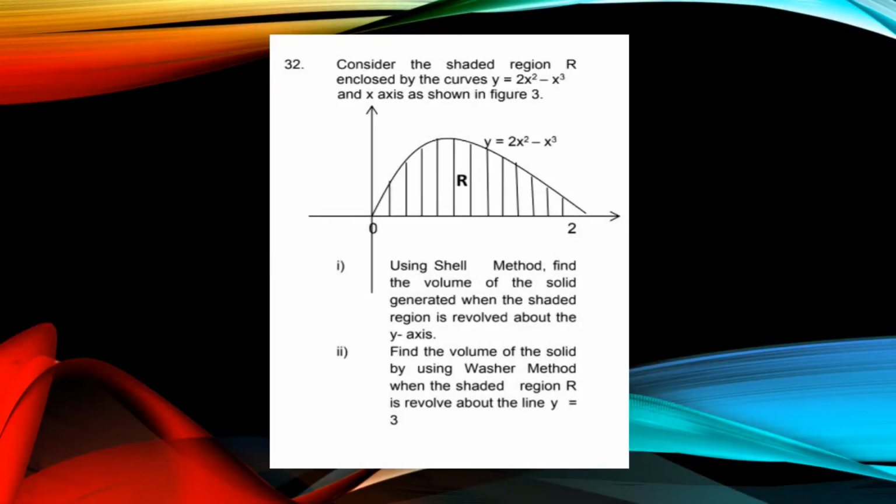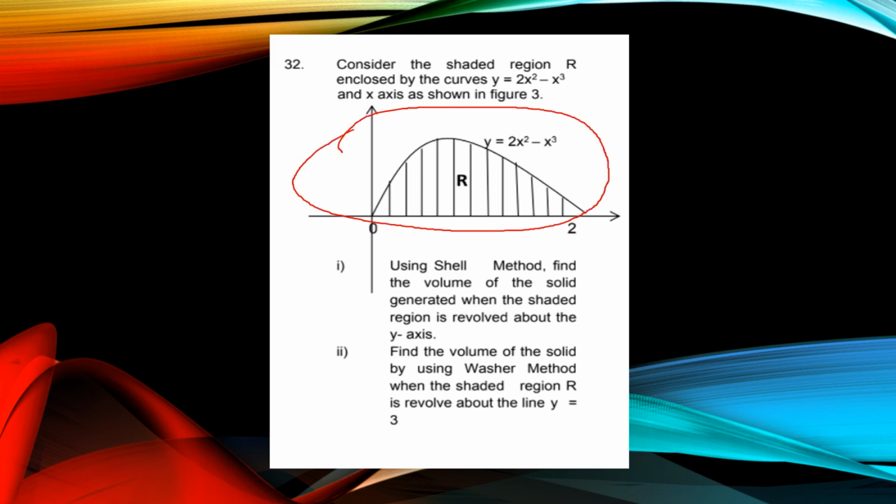Assalamualaikum, my name is Alif Zakwan bin Muhammad Ali Hanafiah, and I'm going to solve question number 32 Roman 1. Consider the shaded region R enclosed by the curve y equals 2x to the power of 2 minus x to the power of 3 and the x-axis, as shown in figure 3.